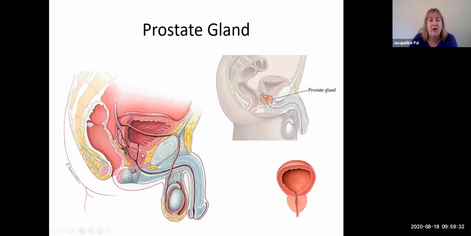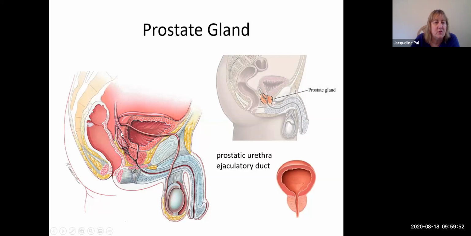Inferior to the urinary bladder, we have the prostate gland, and in the prostate gland, we have the prostatic urethra, where urine goes from the urinary bladder through the prostate gland. And connected to the prostatic urethra is the ejaculatory duct.